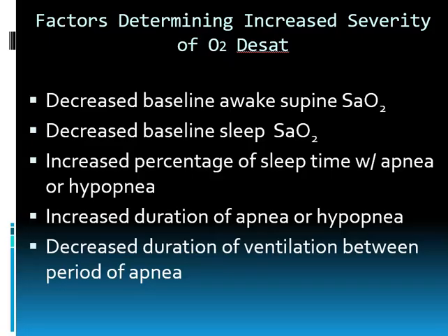What I mean by that is some people will have these events back to back. So as soon as they wake up, they start breathing again, but then as soon as that sleep onset occurs, an apnea might start occurring again. And so sometimes what you see with the oxygenation is there isn't a full recovery in between events.